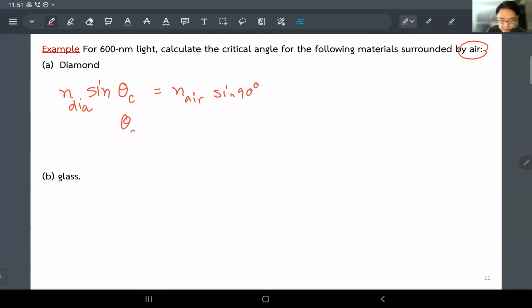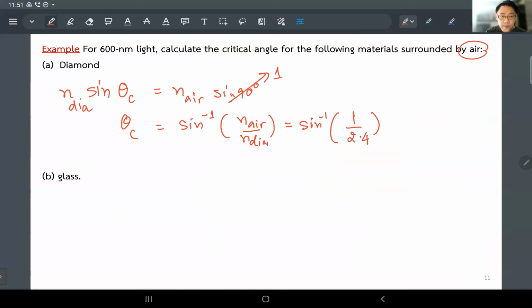So your theta C is going to be the inverse sine of n air over n diamond, which is the inverse sine of 1 over, if you look it up in the table, about 2.4. Same thing over here: the formula looks exactly the same, and all you have to do is replace n diamond with n glass. You already saw that for glass we can use maybe 1.5, let's say.